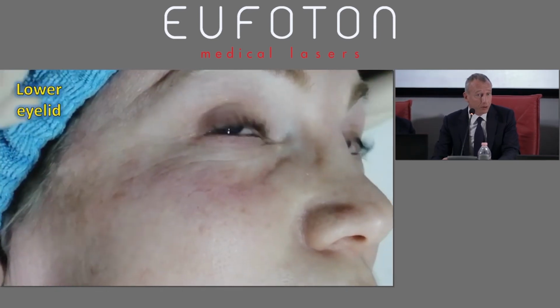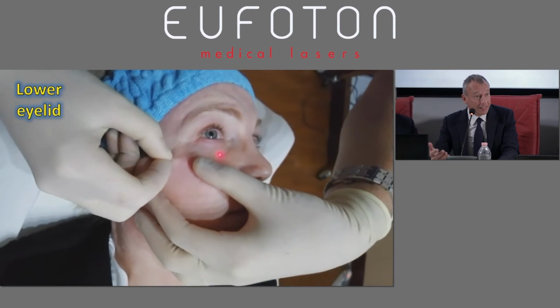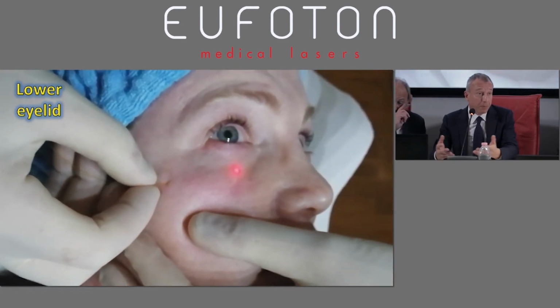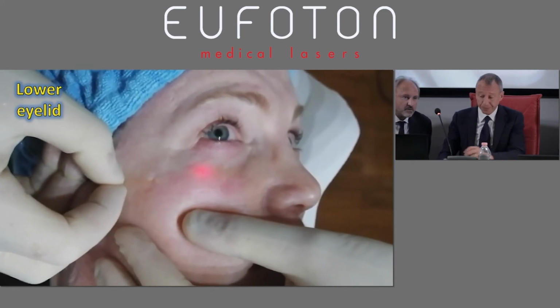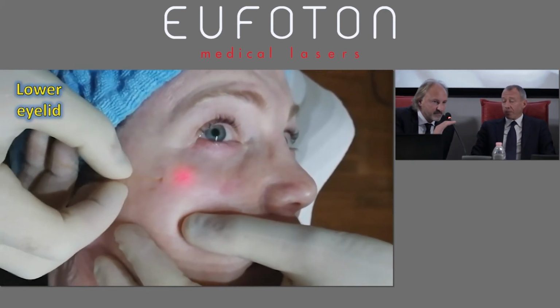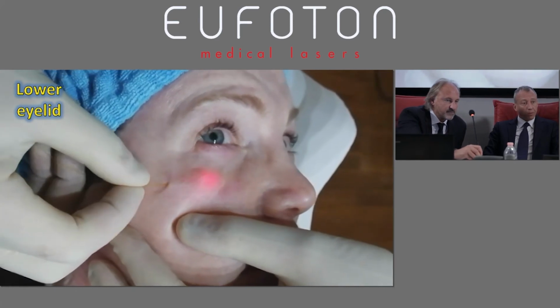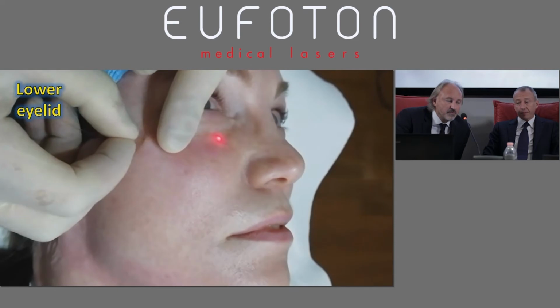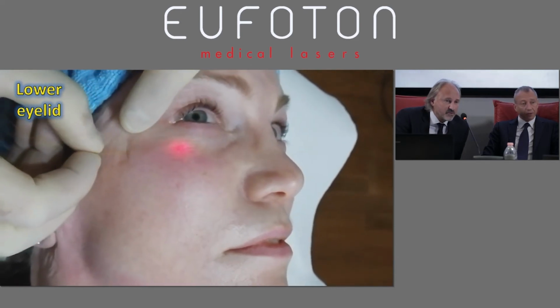We have no time limits, no time thresholds for when to start this drainage. We have no time constraints. This must be customized. That's a matter of a few days. Very often I start the next week after the treatment.